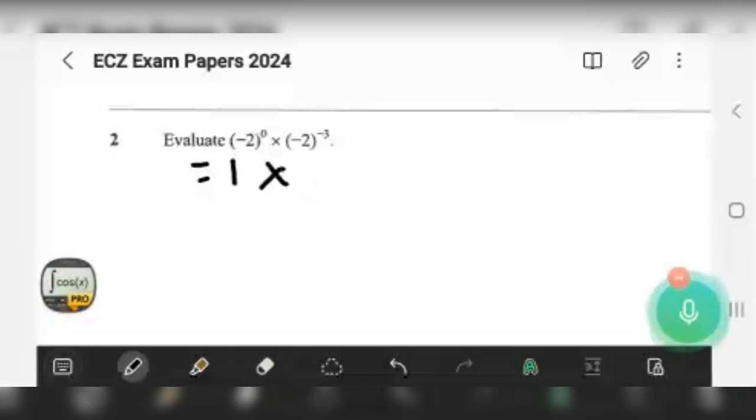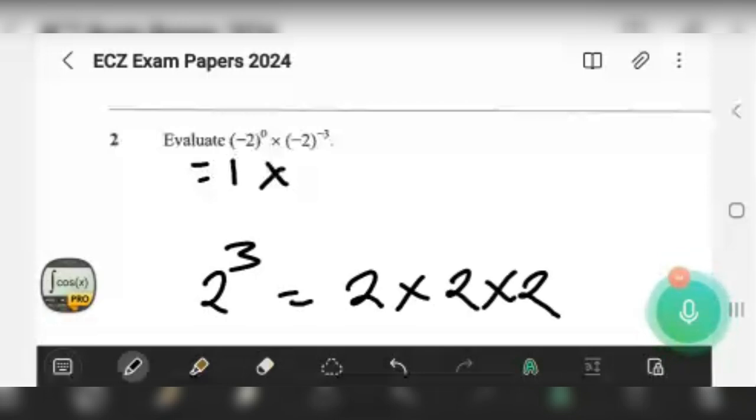So let's go back to indices, the rules of indices. Of course, we'll look at these questions under indices, maybe a lot of them in detail. So when you say 2 raised to the power 3, the meaning of this is 2 multiplied by 2 multiplied by 2. You see? This is what it means.